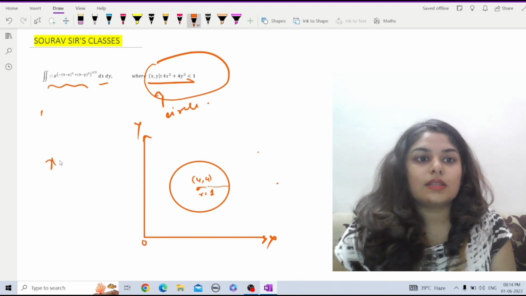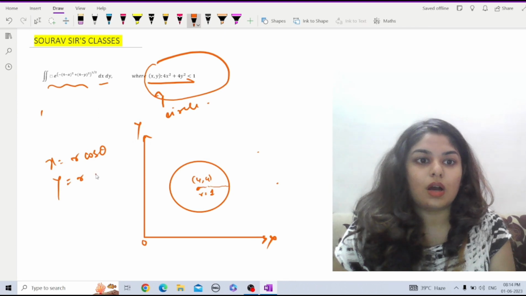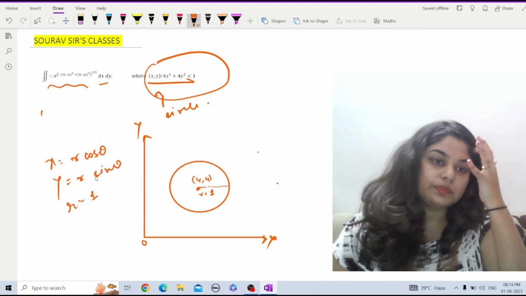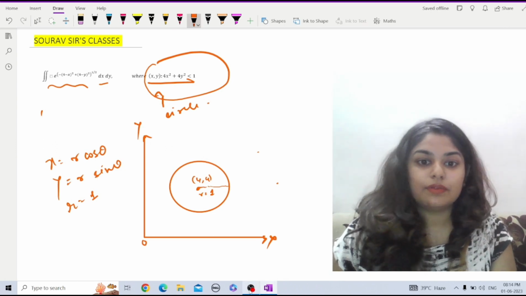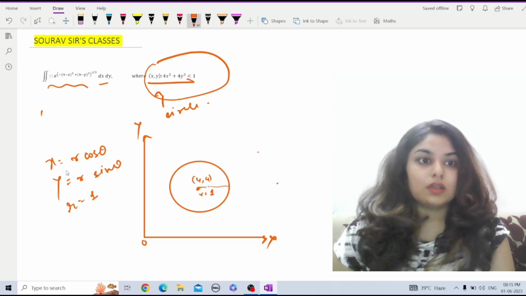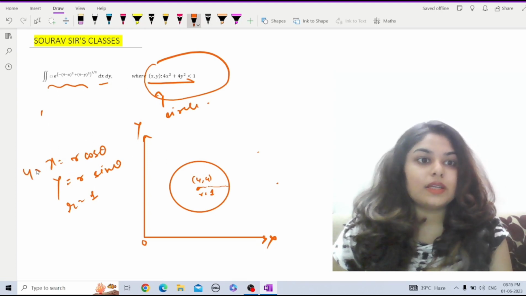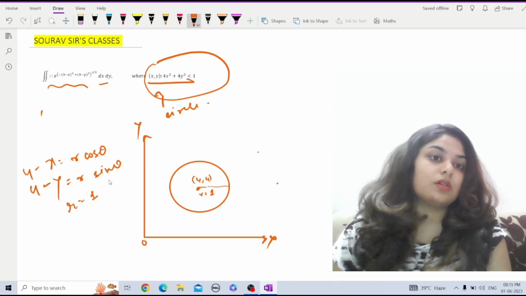Now let us take x equals r cos theta and y equals r sin theta. Now r equals 1. Sorry, this is 4 minus x and 4 minus y. So r equals 1.